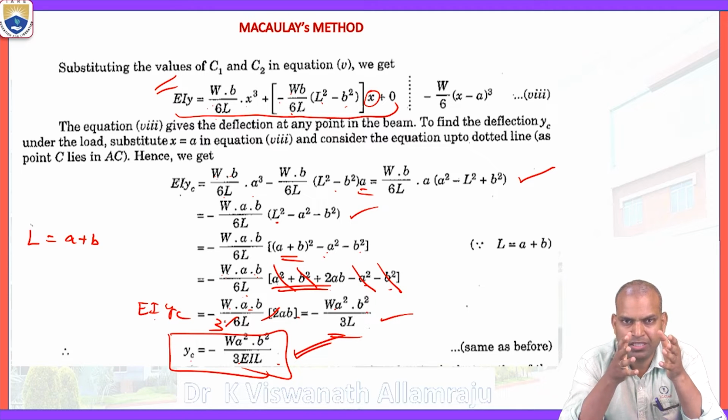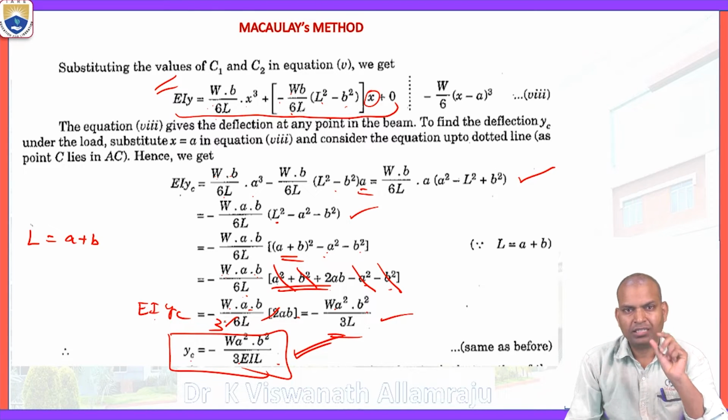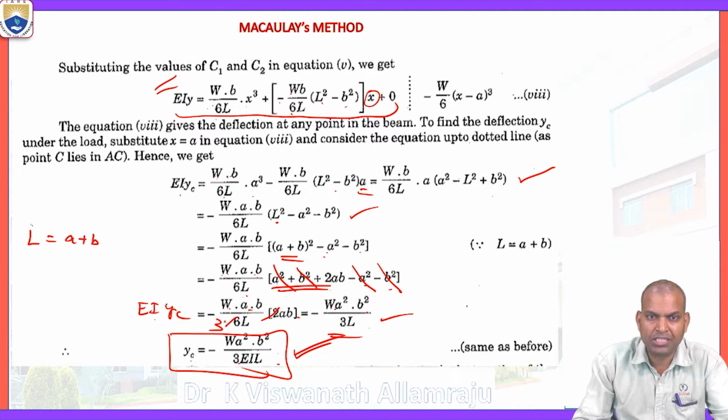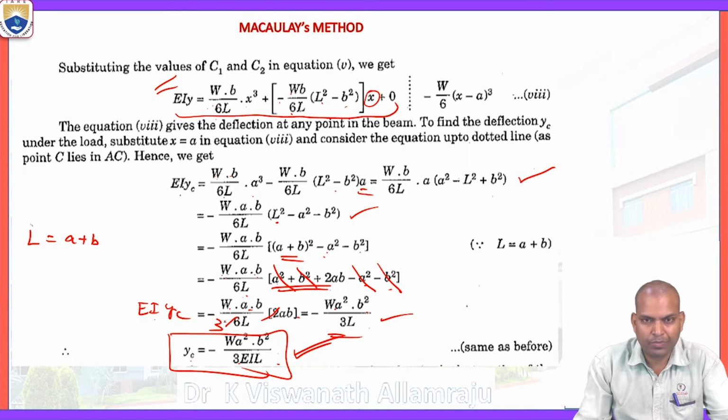That means the first part is related to up to the eccentric load, and the combination of two parts is related to throughout the span of the beam. And throughout the span of the beam, we integrate the first integration and second integration. That's why this Macaulay method can be useful for all types of problems. We can solve very easily, and we will see in the coming sessions. So you can feel that it is so easy.